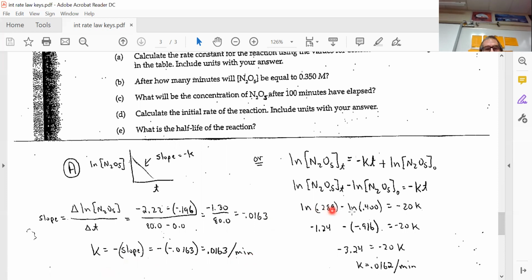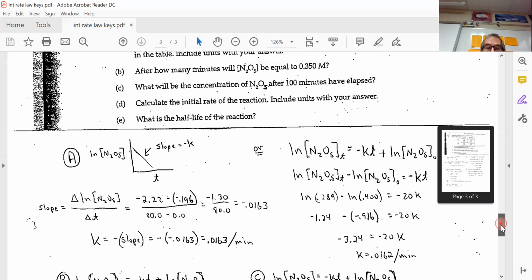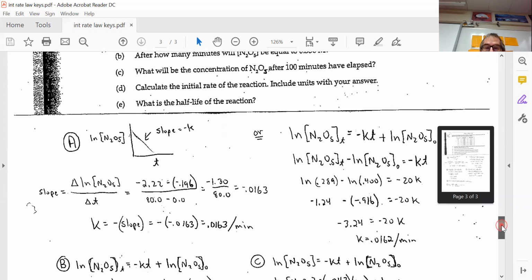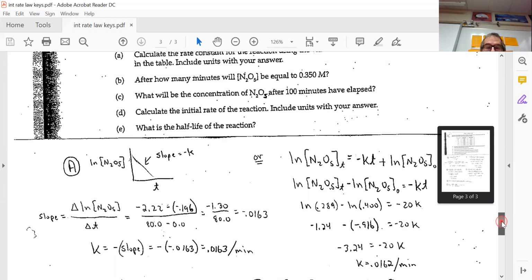It looks like I took the first and second values, which was a 20-minute interval, and plugged them in, and that should give you the same or very close to the same value, within rounding. 0.0163 and 0.0162 are essentially equivalent answers. That last sig fig could vary a little bit, depending on rounding within the problem.